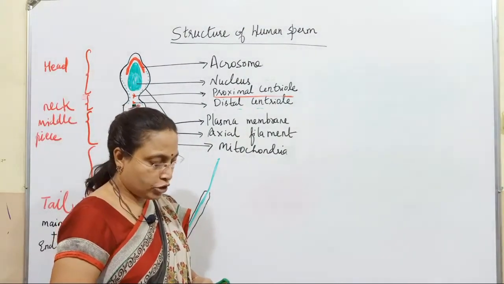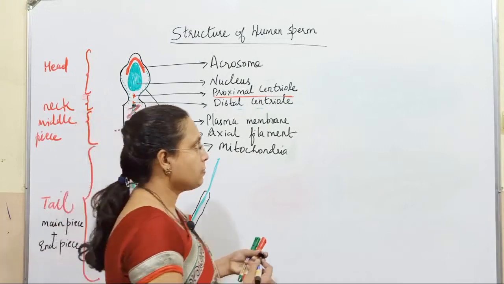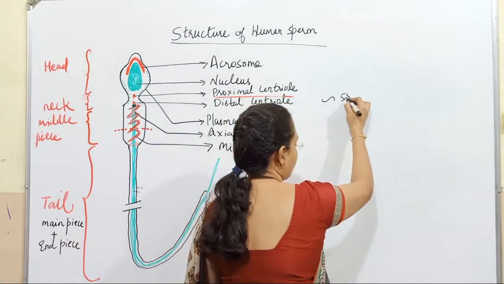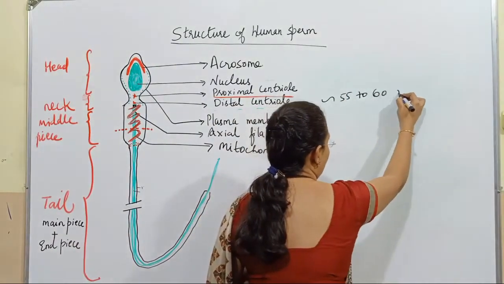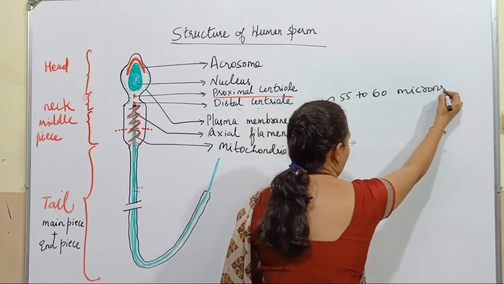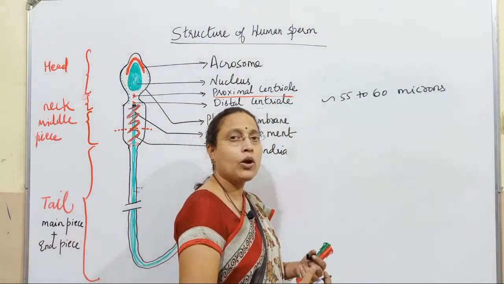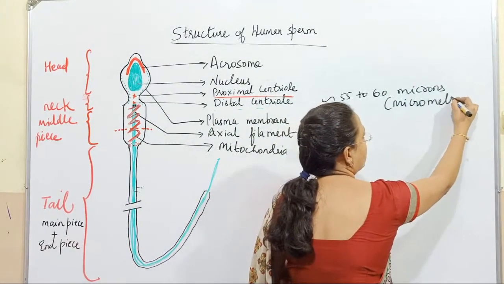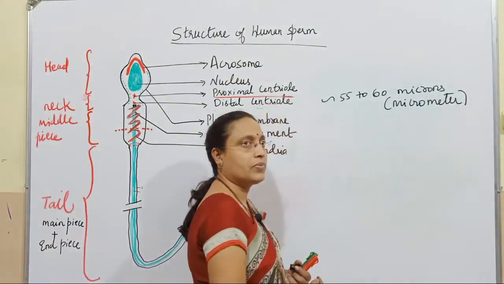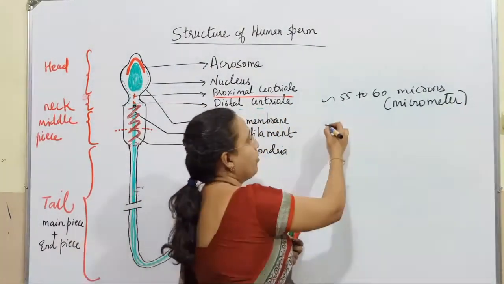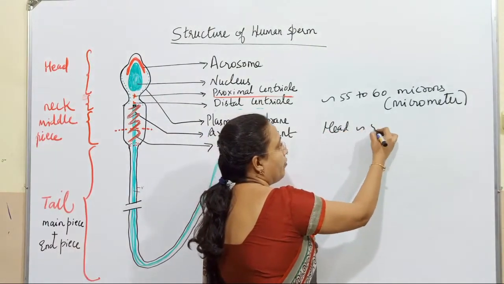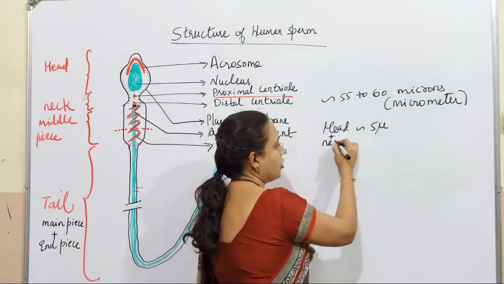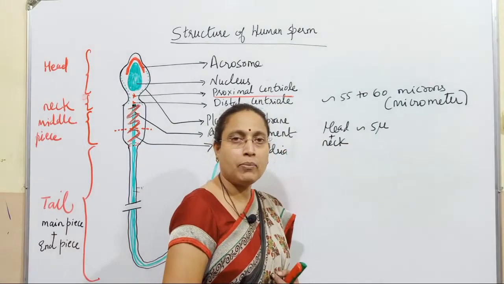Now, generally what you should know about the sperm? The total length of the sperm will be approximately 55 to 60 microns, or micrometers. In that, the head plus neck together can be approximately 5 microns.